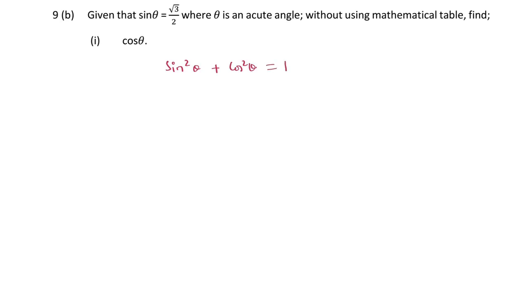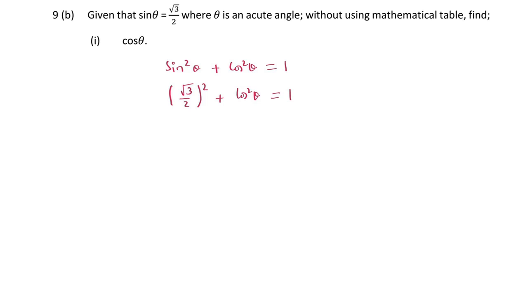Okay, so now let us substitute the value of sin theta given from the question. Then we are having (√3/2)² plus cos² theta equals 1.